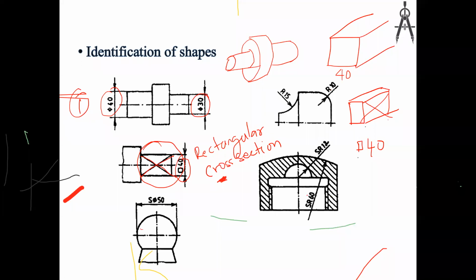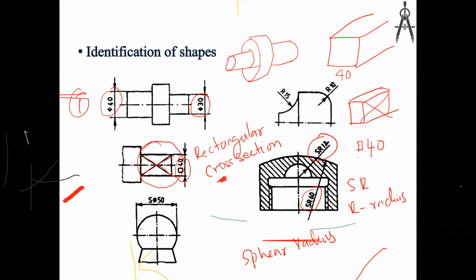If you see here, SR 60, SR 30. SR means sphere radius. Sphere radius means that it is a sphere, part of a sphere.